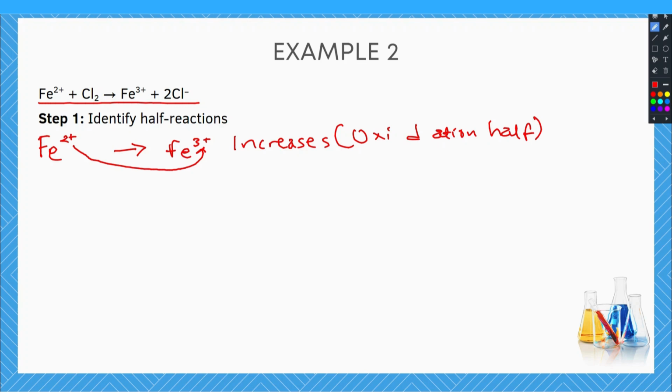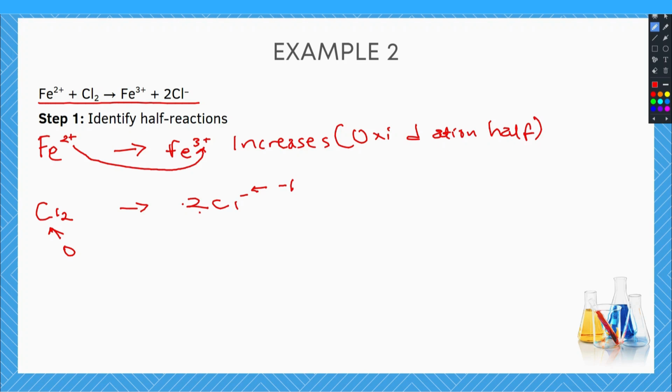So invariably, we can call this the oxidation half. Now, the same thing goes for the other part, Cl2 being transformed to Cl−. Over here, you can see that the oxidation number of chlorine is 0 because it is in its pure elemental state. And over here, you can see that there is a charge which indicates its oxidation number, and it is −1.